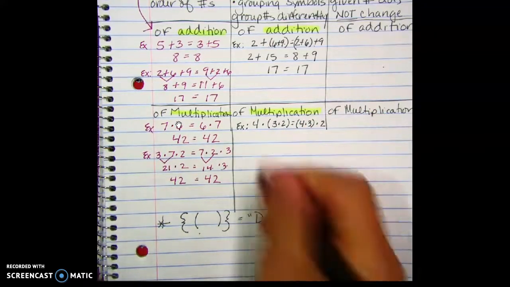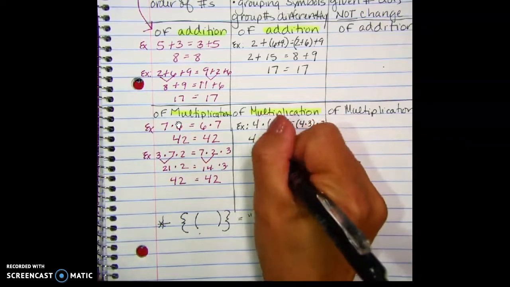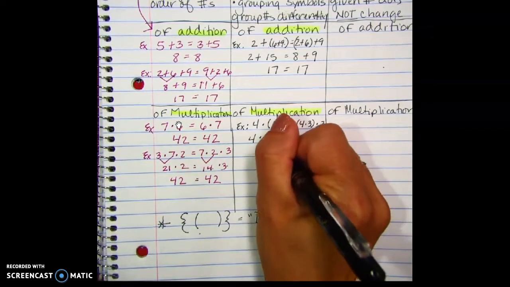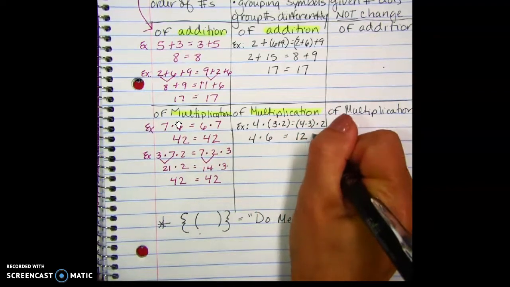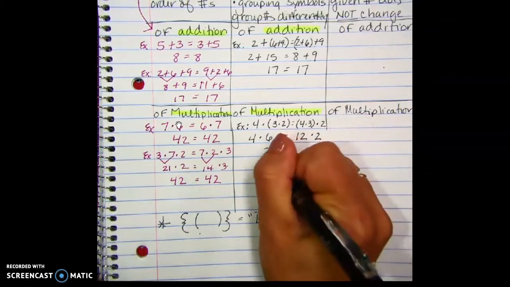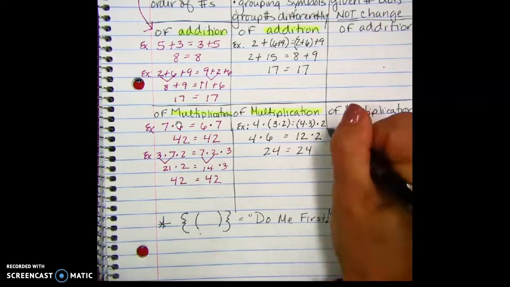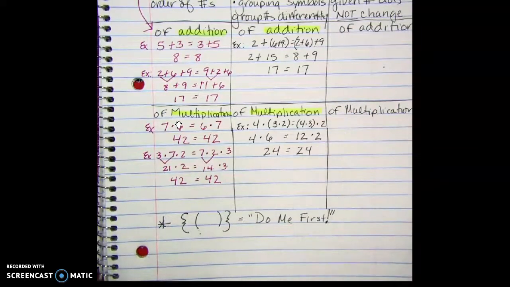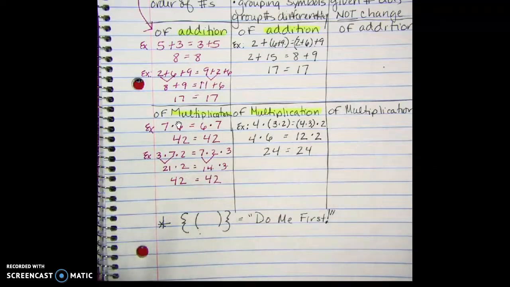Does that work? Well, let's see if it's actually true. So I just rewrite 4, but now I need to do this. 6 equals, and then this we do first, yelling at me. So I end up with 24 equals 24. It worked, okay? So associative is always using those parentheses.